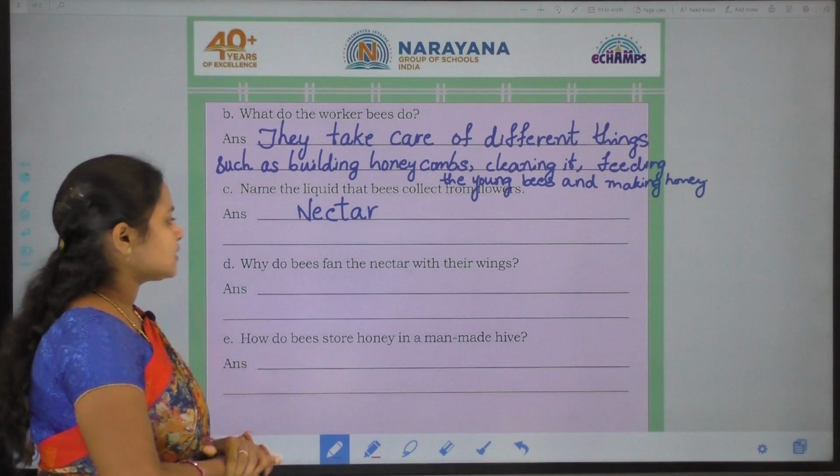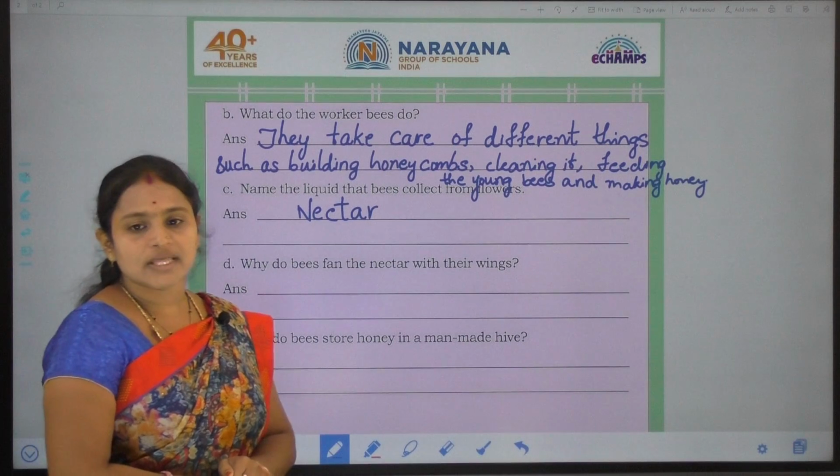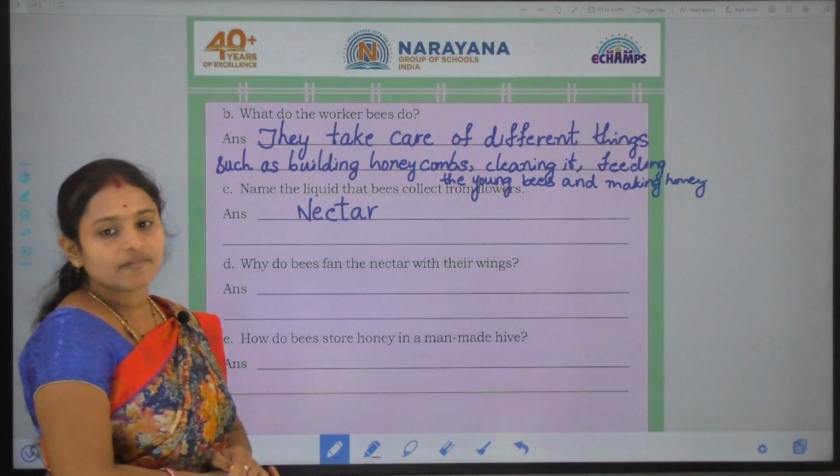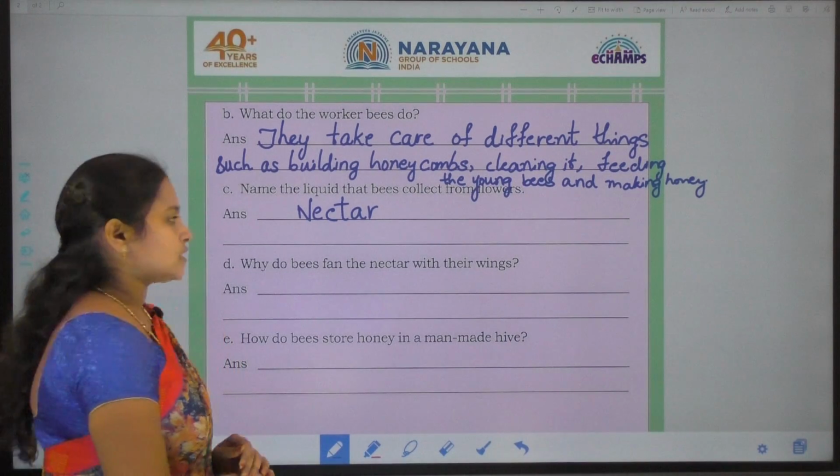Why do bees fan the nectar with their wings? Bees fan the nectar with their wings to remove water.